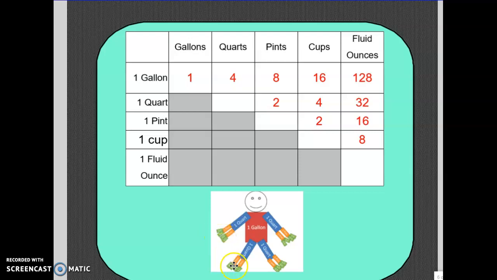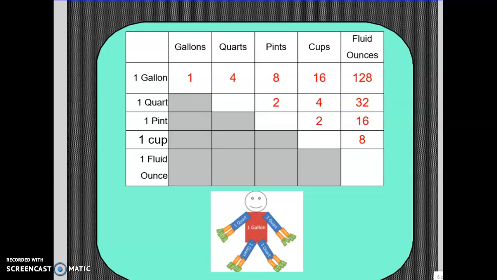There's 4, 8, 12, 16. It takes 16 cups to fill a gallon. And then if you want to switch that to the smallest unit of measure for liquid, ounces, it would be 128 of those ounces. So that's how we figure out capacity, liquid volume, when we use the customary measurement.